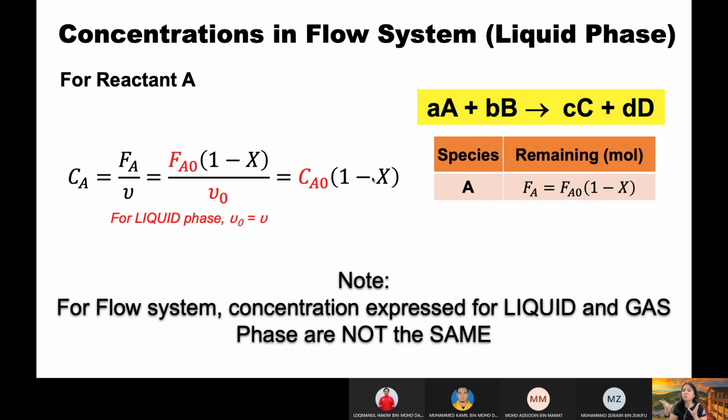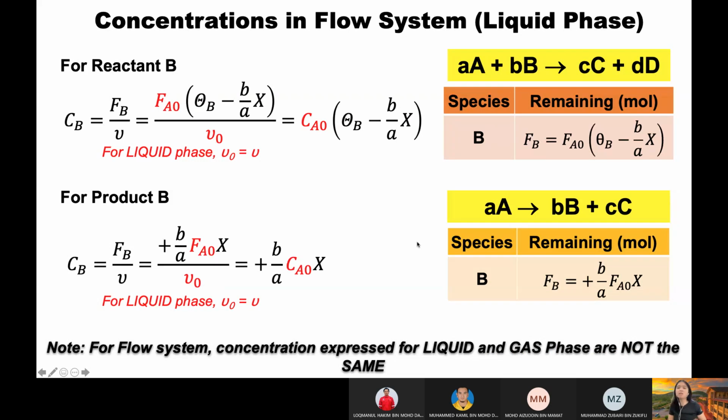So sekarang saya dah boleh express kepekatan A. So it becomes CA equals to CA naught in bracket 1 minus X. Means I want to know outlet concentration of A. If I know initial concentration, I multiply with the conversion. I dah tahu berapa kepekatan A after the reaction has taken place. So done for A.